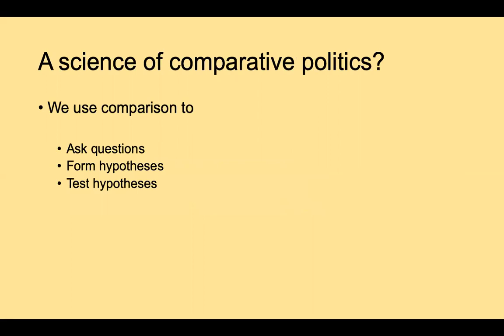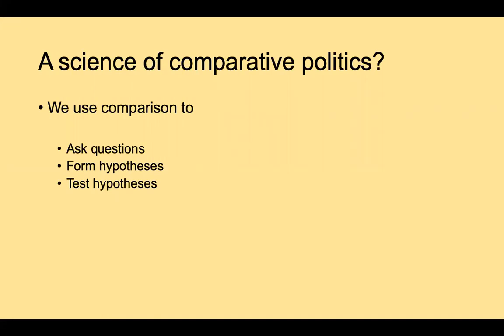And so then what can we say about a science of comparative politics as we continue to connect these different elements? Well, what we can say is that in the same way that all science relies on comparison in the sense that it establishes an external standard, in comparative politics, we also use comparison in the establishment of those external standards to ask questions, to form hypotheses that might answer our questions, and then to test hypotheses and examine those hypotheses in actual data so that we can draw inferences about causes and effects.